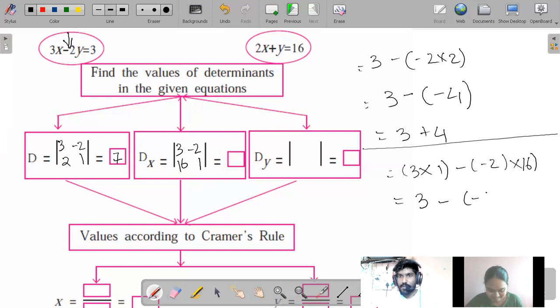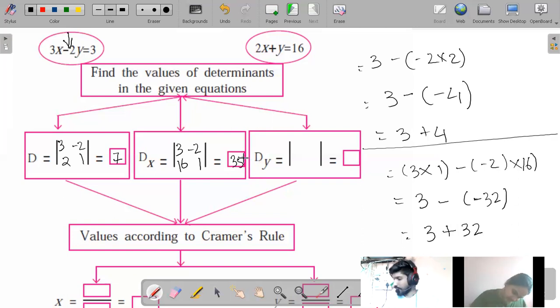So 18, 36. Oh, sorry, this is 32. 32, yeah. Minus 32, and 3 minus of minus 32. I am multiplying it all the time. Sorry. It's not like that then. It's 35. Yes, 35.